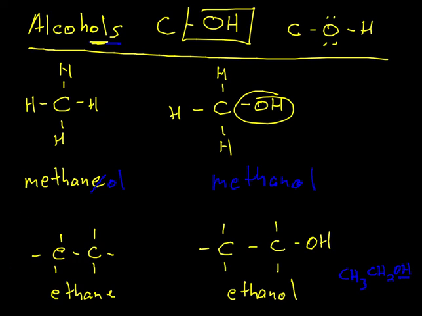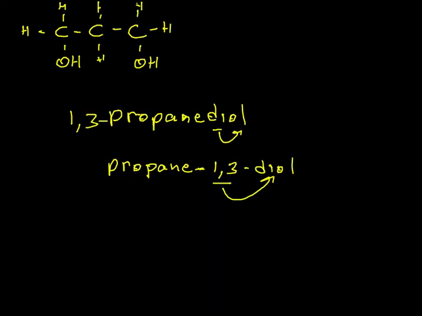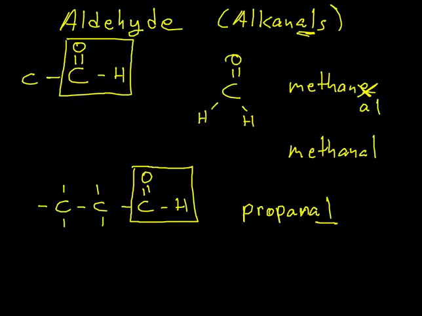And then if we go to our aldehydes, this is how this is going to look. You do need to recognize this. The correct structure in a condensed formula for the C double bonded O and H, you're going to see it as CHO.